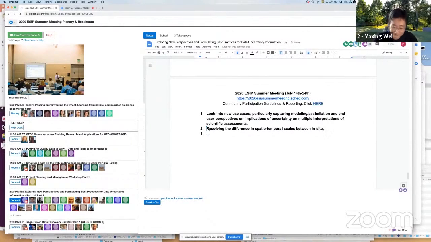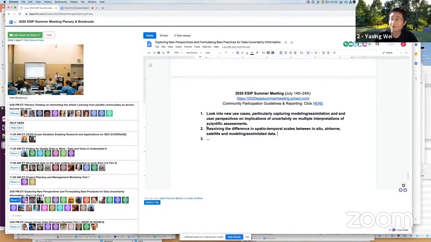In our discussion, the example that Anish brought up is a very good example that shows the connection between the in-situ observations and the modeling and simulation products.